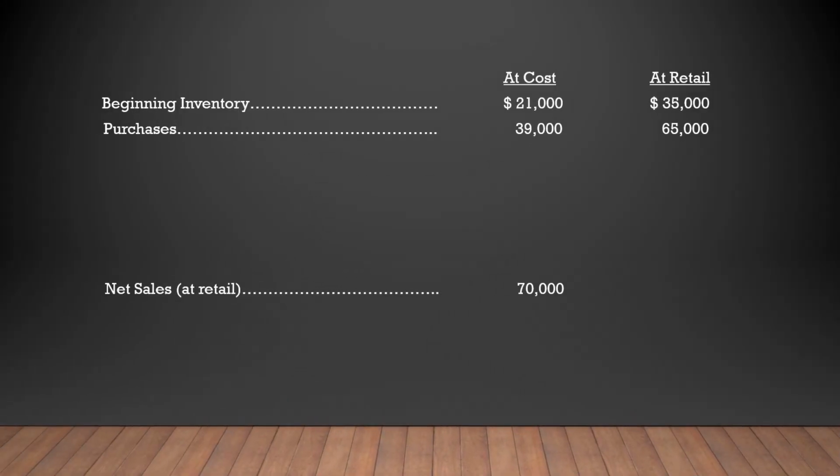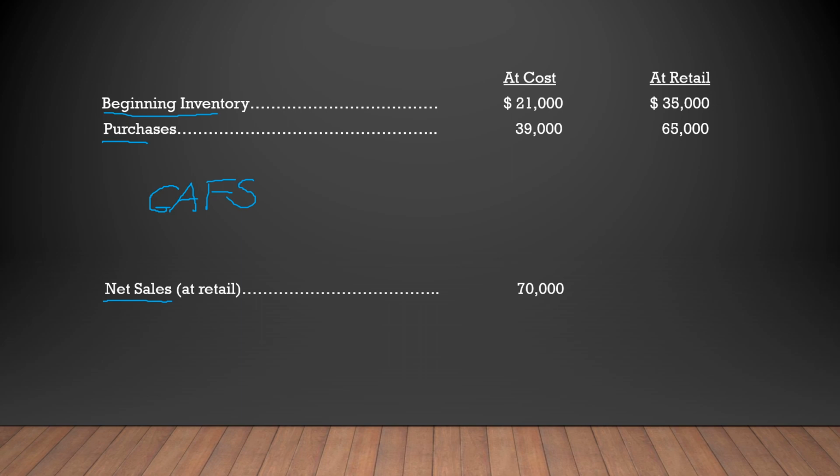Let's apply that method to the following information. We have our beginning inventory, our purchases, and our net sales. Before we can even start step 1, we're going to need our goods available for sale at retail. Remember that goods available for sale is how much we could sell for the period if we sold everything.